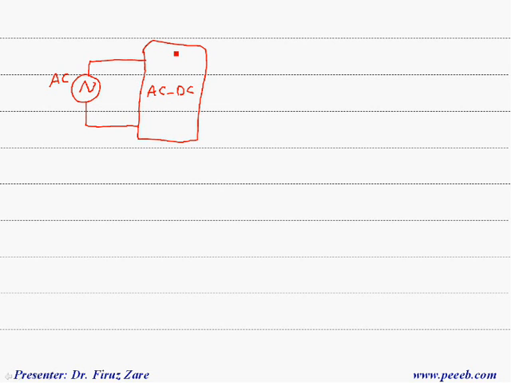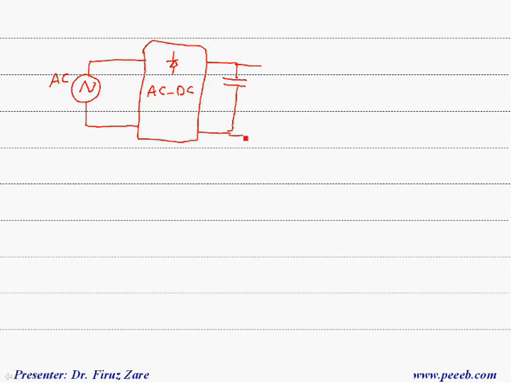So for a high power converter, if the input voltage is AC grid voltage, a higher power converter can be used for a high power drive system. One possibility is an AC-DC converter based on diode rectifier. That means the output voltage is unregulated. And then if we use a capacitor here, we get DC voltage.